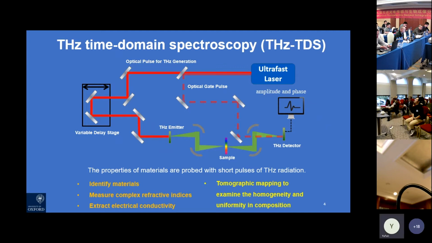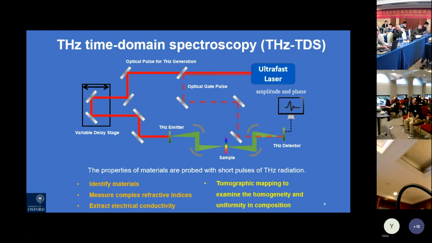So in the measurement, the sample of interest will be placed in the terahertz beam path, and the transmitted terahertz pulse will be received by the detector, providing both amplitude and phase information of the terahertz pulse.